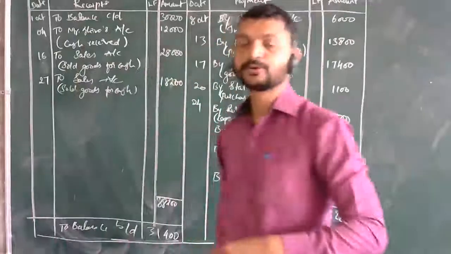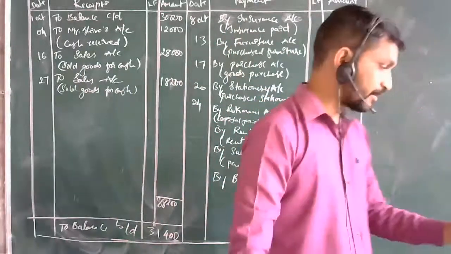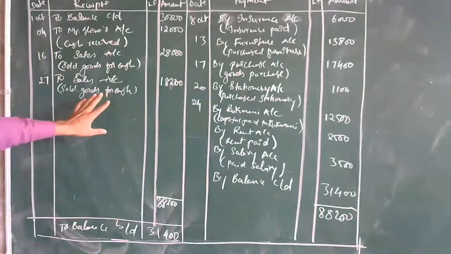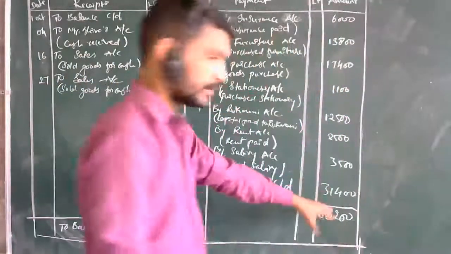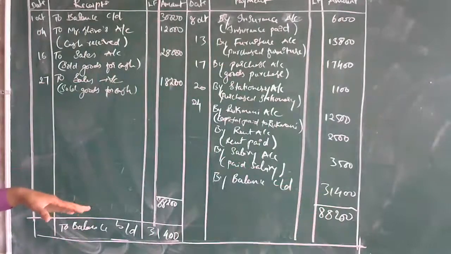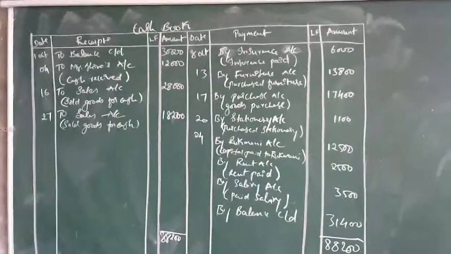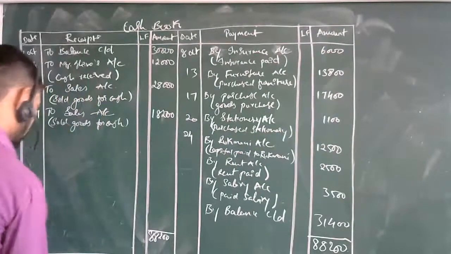Is there any doubt to raise? The answer was 31,400. No doubts regarding this? Shall I go for the posting? I will move to the postings of ledgers. Okay, fine.